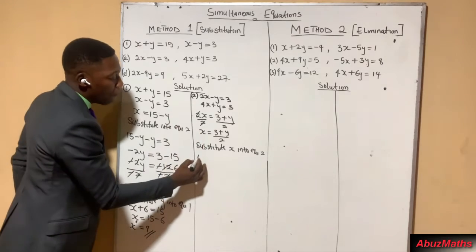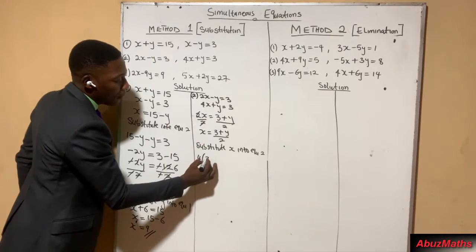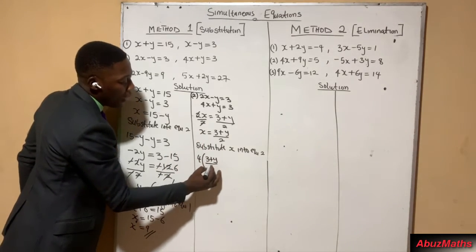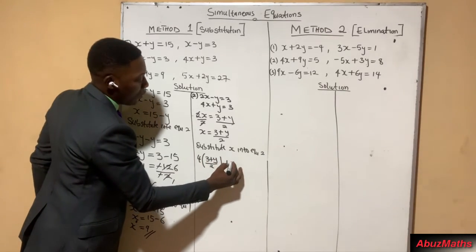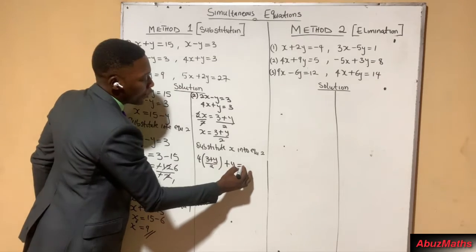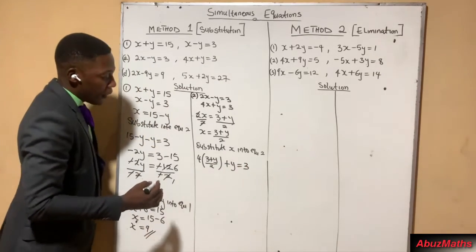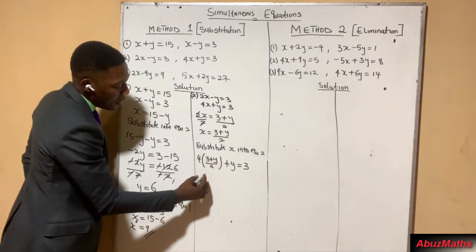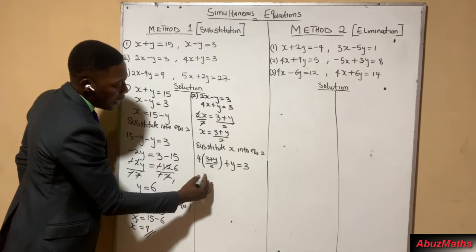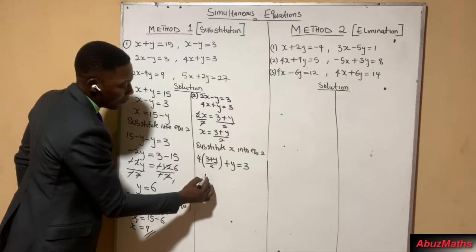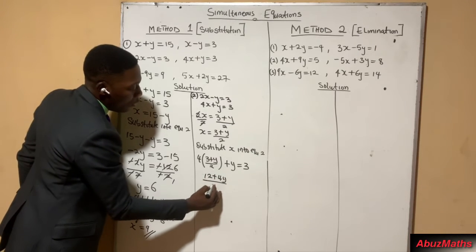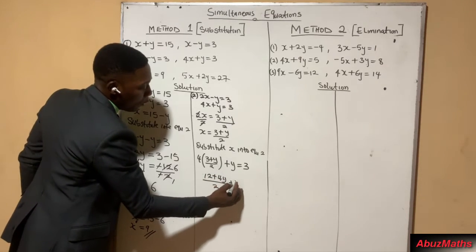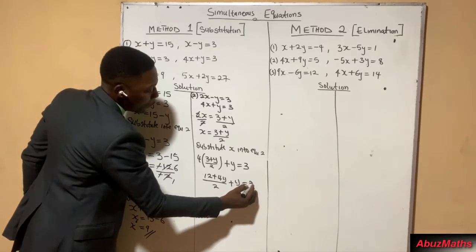So here I will have 4 into brackets 3 plus y over 2, close bracket, plus y equal to 3. Now let me open this bracket. If I'm to open this bracket, I have 12 plus 4y all over 2 plus y is equal to 3.